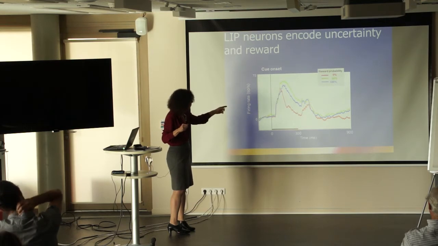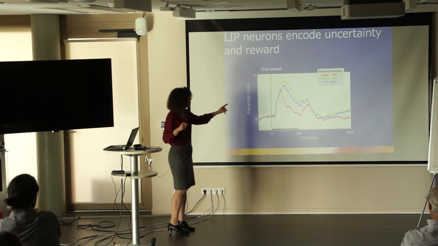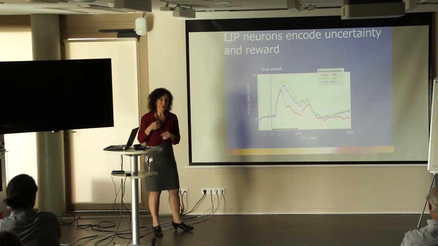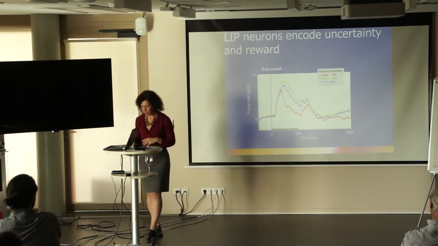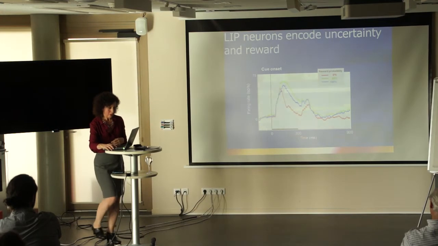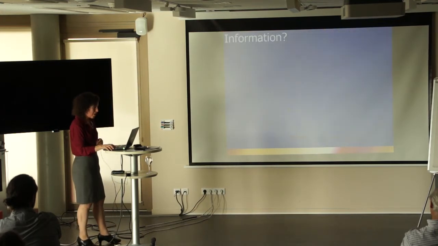And the surprising fact is that if you have a cue that is uncertain, the 50% cue, that produces stronger responses. So in the neurons, we also have this skewed inverted U function. All right, so what are we left with?